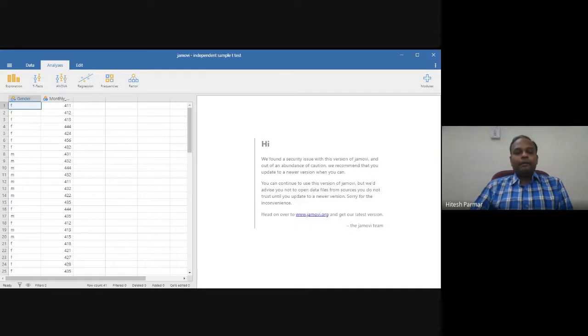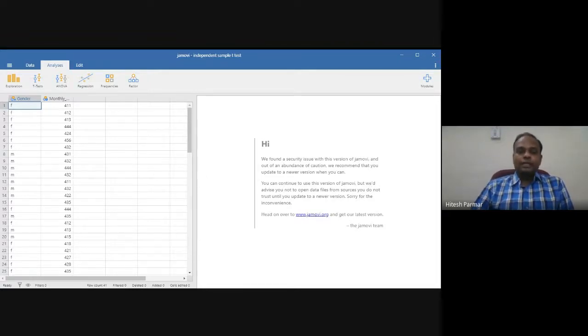Now, independent sample t-test, any naturally created two groups you can compare. Right here, the data you are comparing is the monthly mobile bill of male and female respondents. Similarly, you can compare any interval or ratio scale variable with respect to two groups.